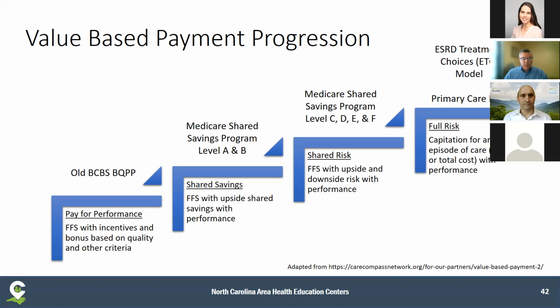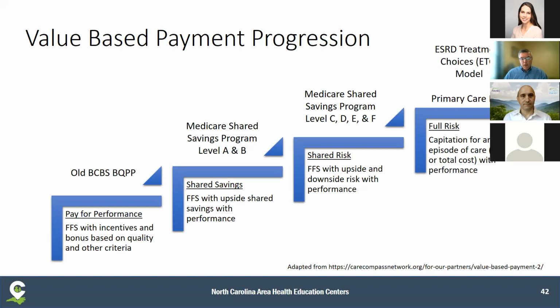Many of you will remember the Blue Cross BQPP program. I would say that was an initial pay for performance value-based contract where it was really fee for service, but then had some incentives based on quality and other criteria where you could earn some additional funds.